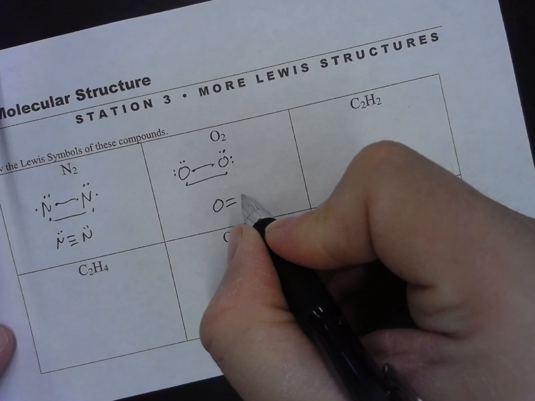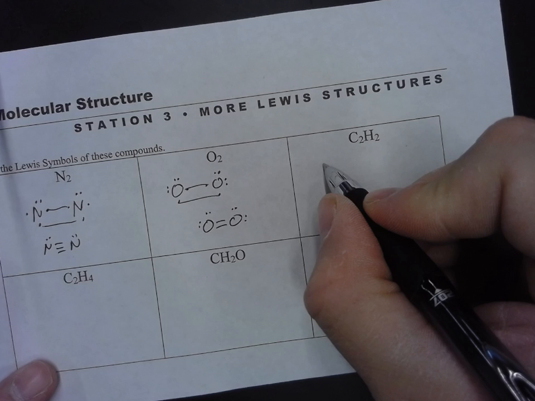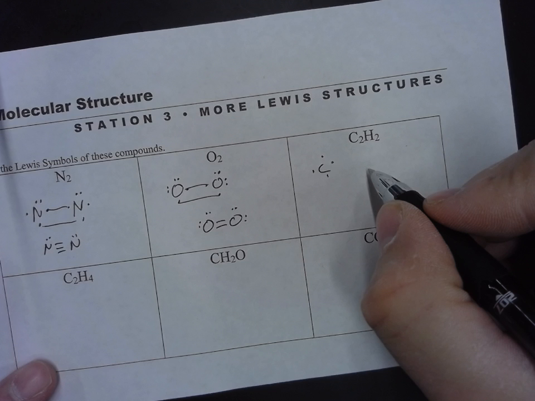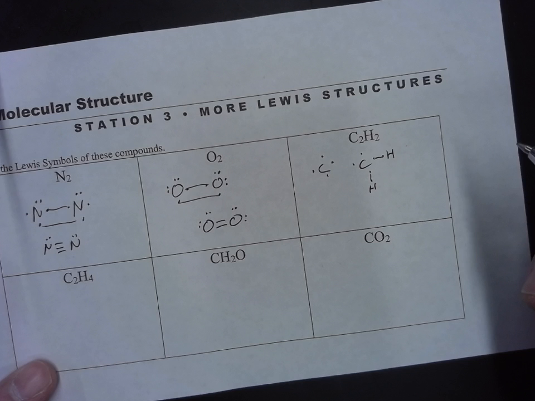Okay, C2H2 looks like this. Figure out where the H's go. You can pick any spot you want for the H's. It doesn't matter. Oops, C2. See, I already messed that up. That's why it's better to use a pencil.